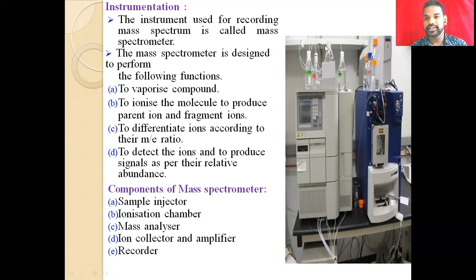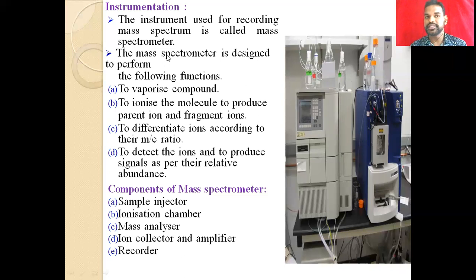These bottles are the reference bottles, and the compound they are introducing to the sample. And here it looks like a CPU, so the data is analyzed and it gives a result. The total process takes place in this, and this is the diagram.